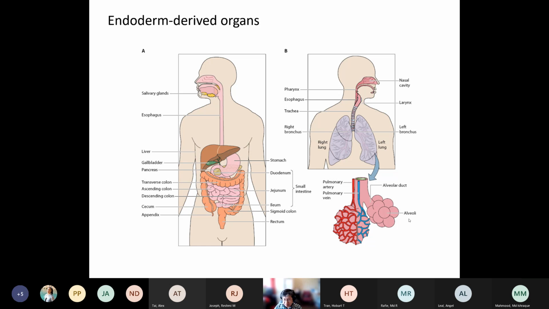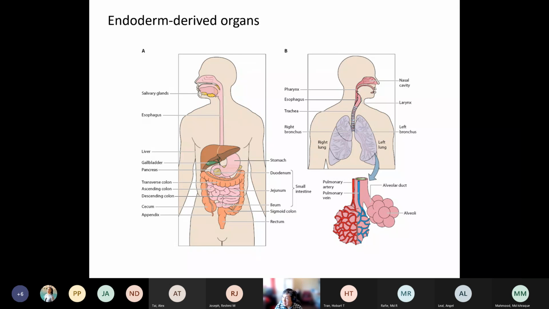That's the place where the oxygen will exchange with the blood within the alveoli. The majority of the respiration system is also from the endoderm, except some parts, like the nasal part and the pharynx. The nasal and pharynx are not from endoderm. Only beginning from larynx and then to the alveoli, those are from endoderm.